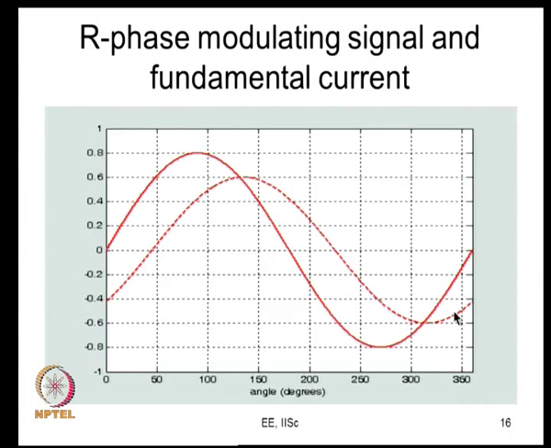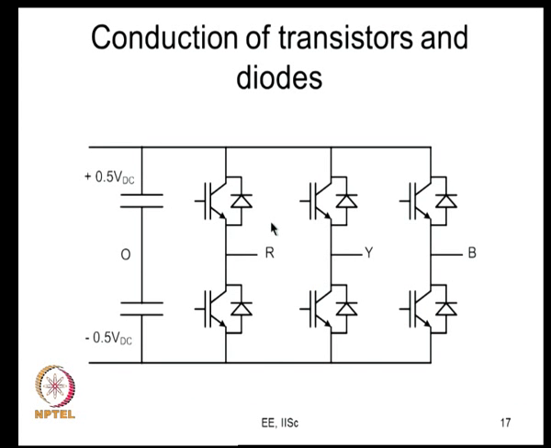So, the actual devices that conduct are different when the load current is positive and when it is negative. You remember, in your leg one pair of devices will conduct, like the top transistor and the bottom diode during one half cycle, and the bottom transistor and the top diode will conduct during the other half cycle.